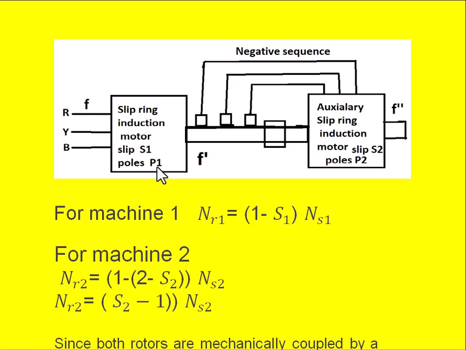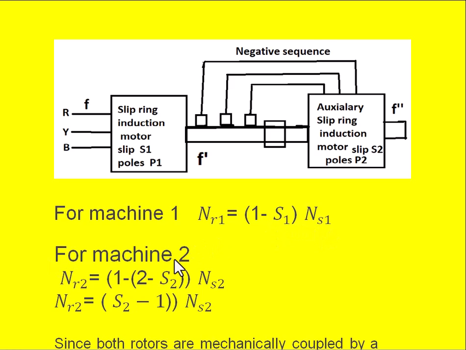So for this differential coupling, for machine 1, the rotor speed NR1 can be written as 1 minus S1 into NS1.